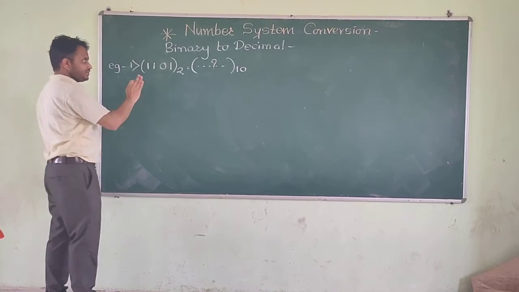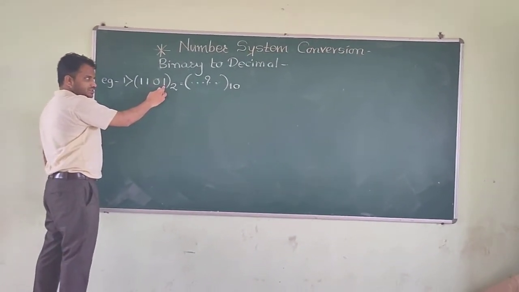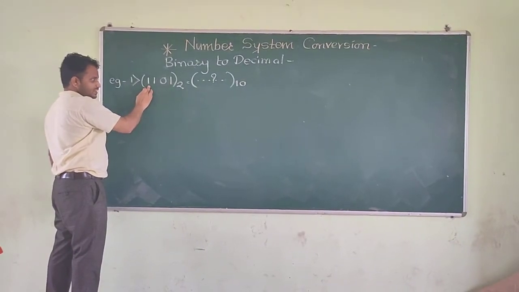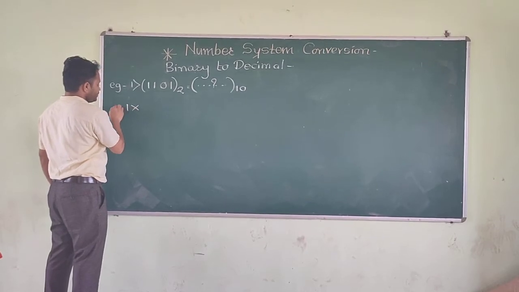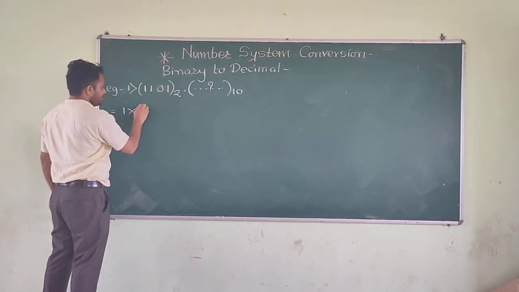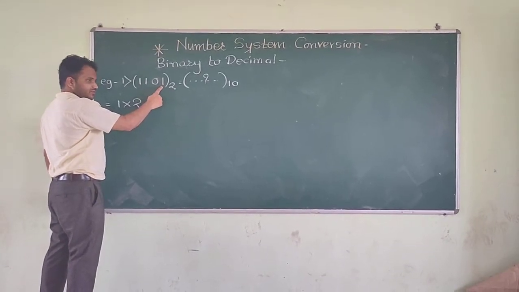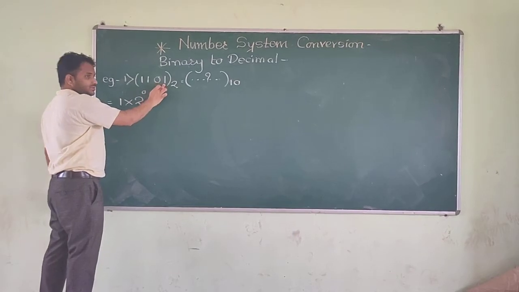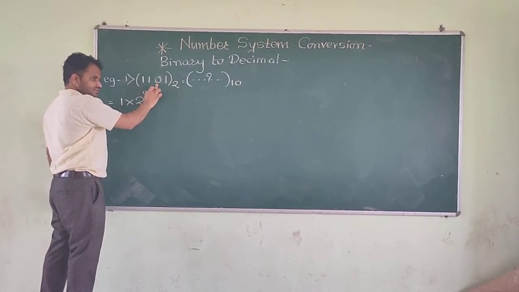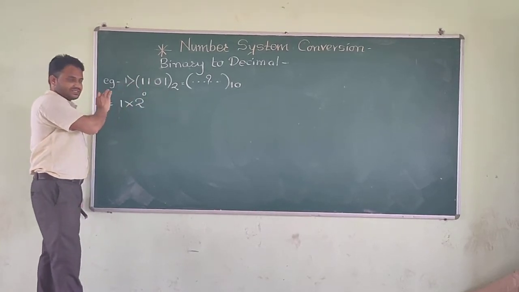The procedure is starting from the rightmost towards the leftmost. Here this 1 into the base of the number system, which is 2. We start from this rightmost position: this place is 0th position, this is first position, this is second position, and this is third, fourth, likewise.